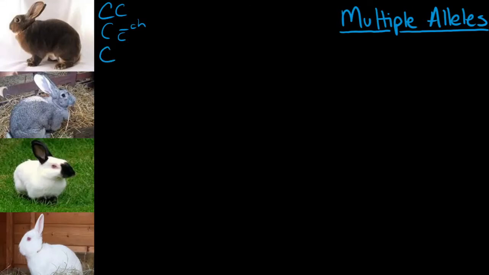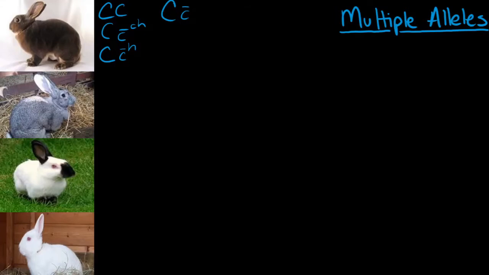Now you could also have a capital C with a lowercase c and an h. The h denotes Himalayan. That's the Himalayan allele. Or finally, you could have a capital C and just a plain lowercase c, which would be the albino gene. Any of these 4 will produce a full color rabbit.